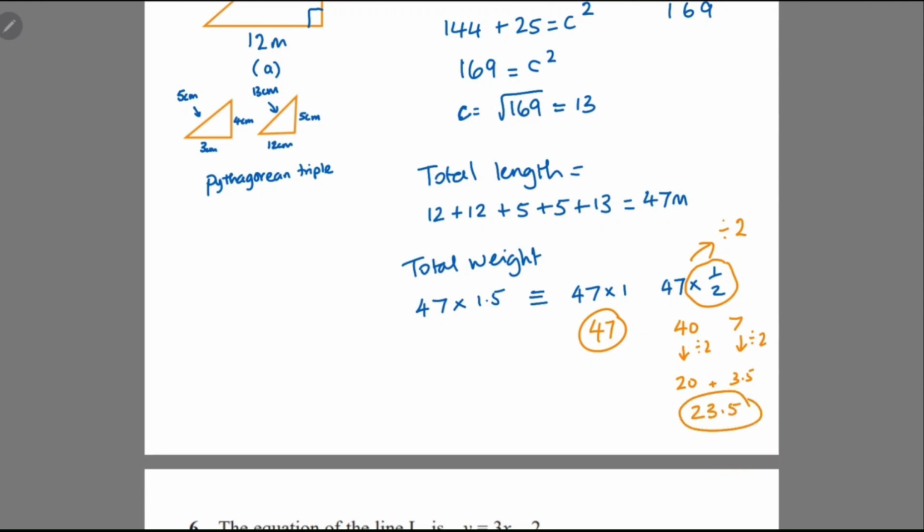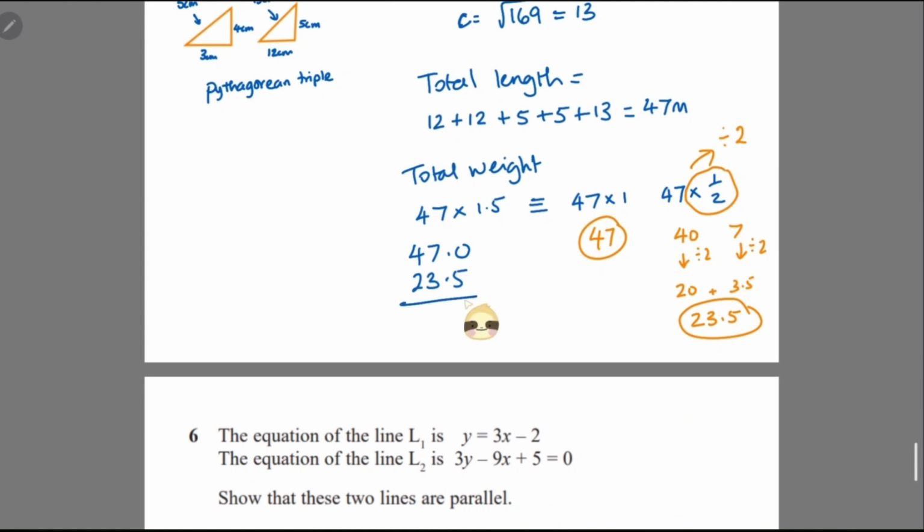Which then tells us that 47 times 1.5 is these two combined. So we've got 47.0 plus 23.5. 7 plus 3 is 10, carry 1, 4 plus 2 is 6. So the final answer will be 70.5 kg.